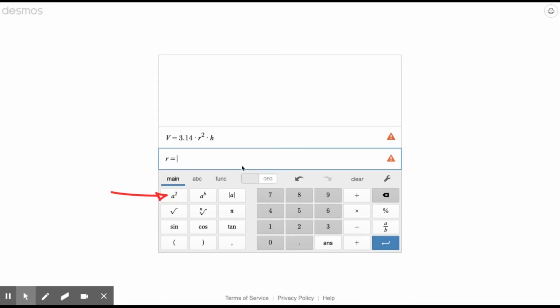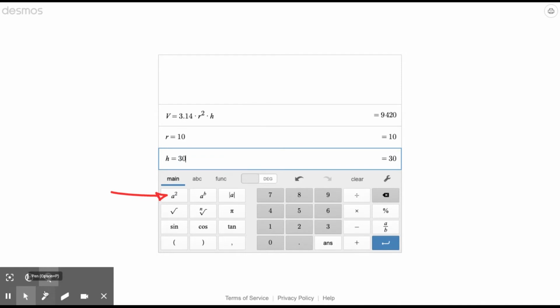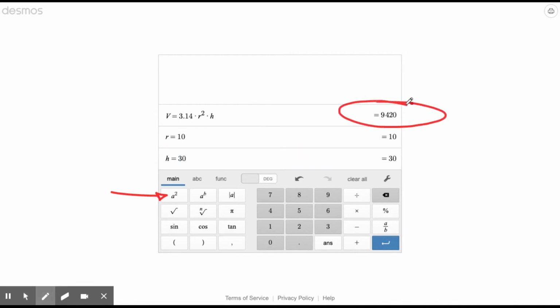We need to tell it that our radius is equal to 10. Our height is equal to 30. And then we see up top that our volume is going to be 9,420. If you need to, go ahead, pause the video, type this into your calculator, make sure that you get the same answer that I do.